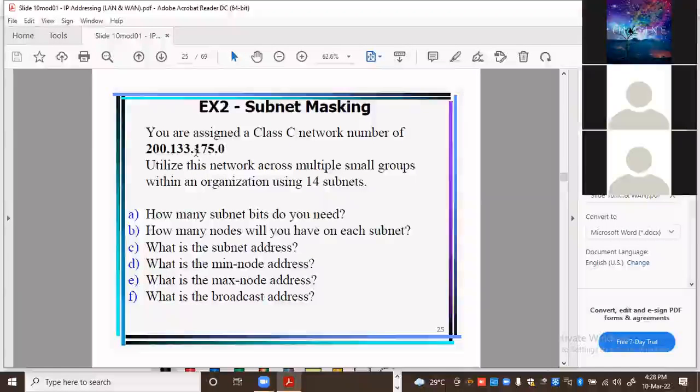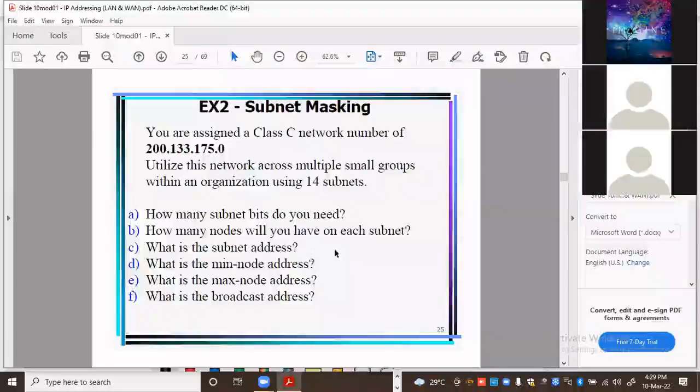So if it's 4 bits out of the 8, it's going to leave 4 more, because it's 8, and we've subnetted 4 bits out of it. So there's 4 left.